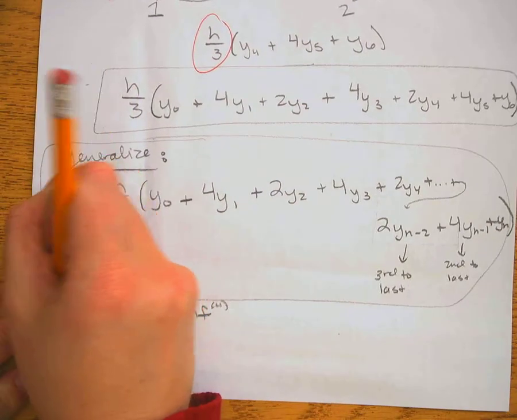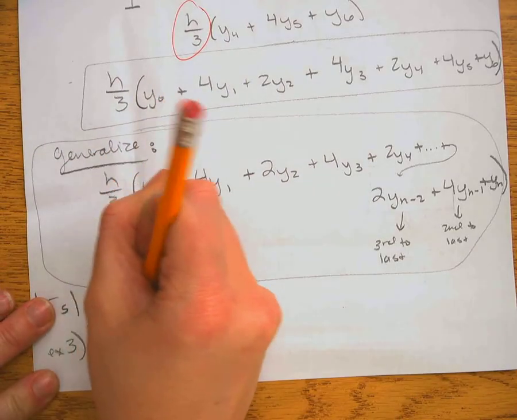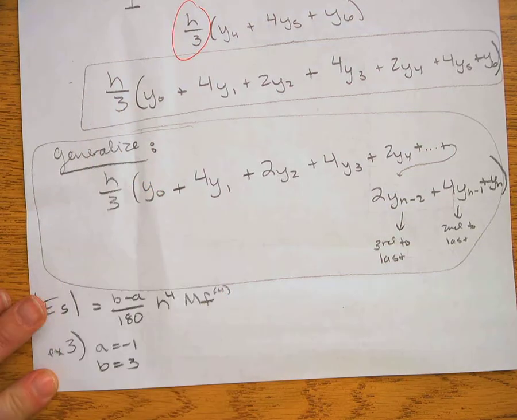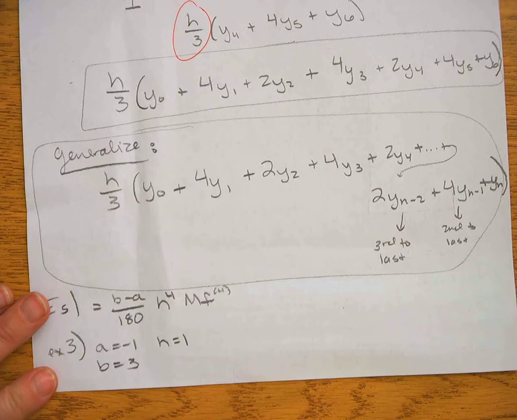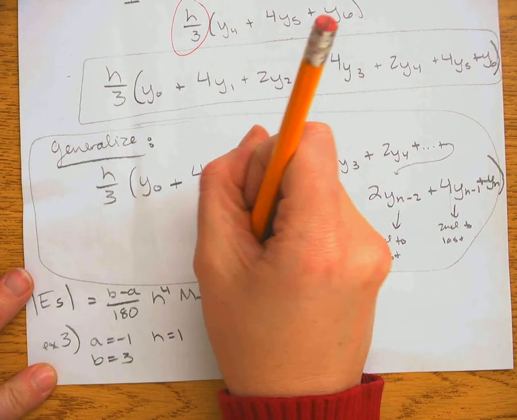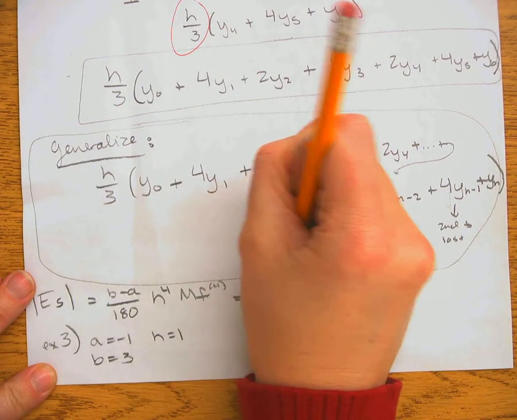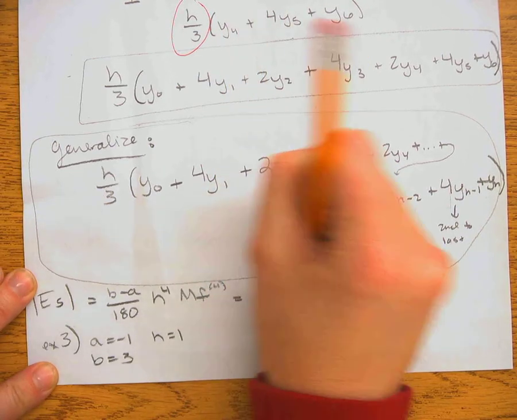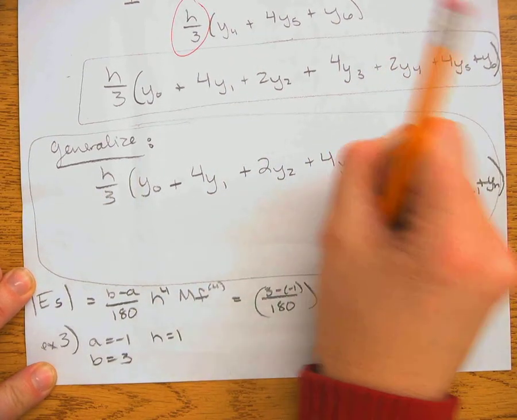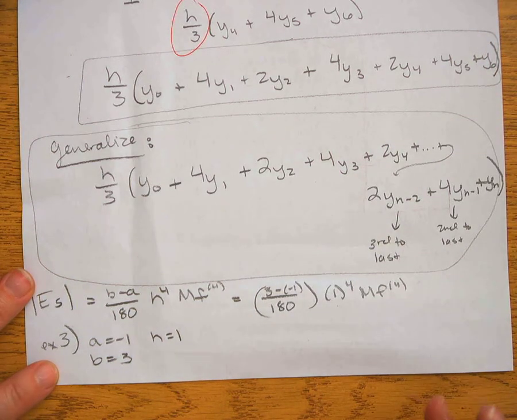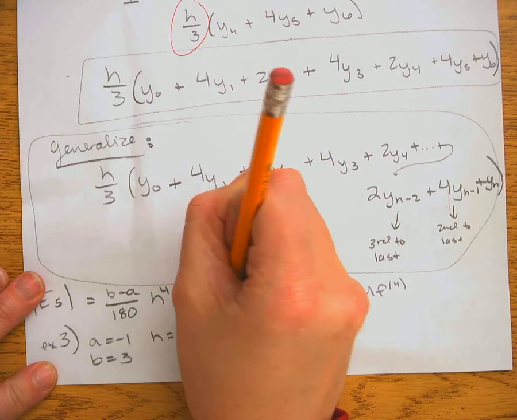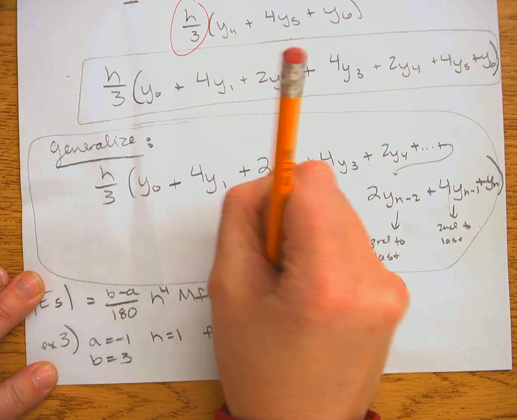In example 3, the a was -1 and the b was 3. Those were our lower and upper bounds. And the h was actually 1. So this is going to be 3 minus -1 divided by 180 times 1 to the fourth times the maximum value of the fourth derivative. So I need to find all the derivatives. Well, f of x was x to the third minus 2x.